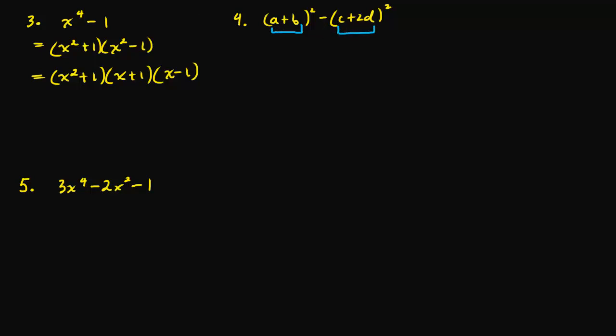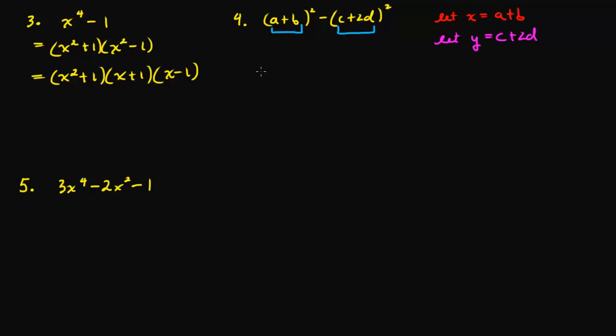So we can introduce a variable. We can say on the side, let x be equal to a plus b, and let y be equal to c plus 2d.